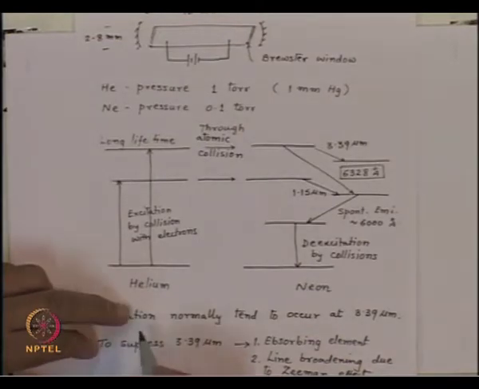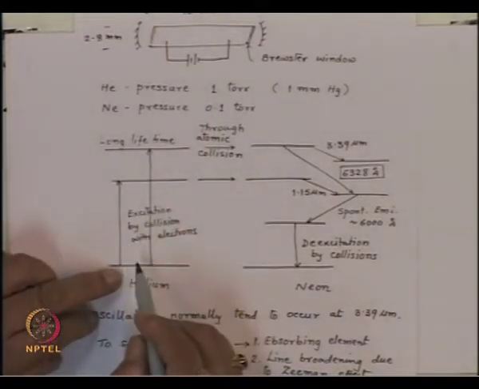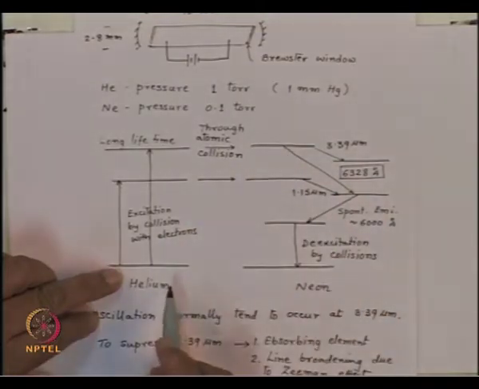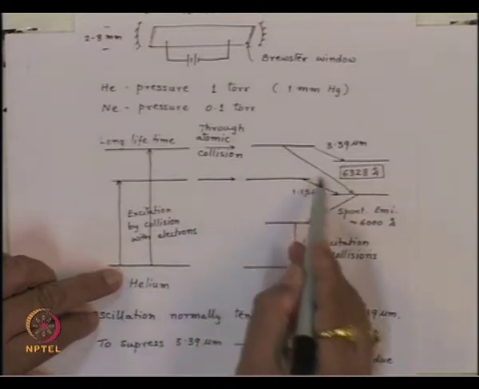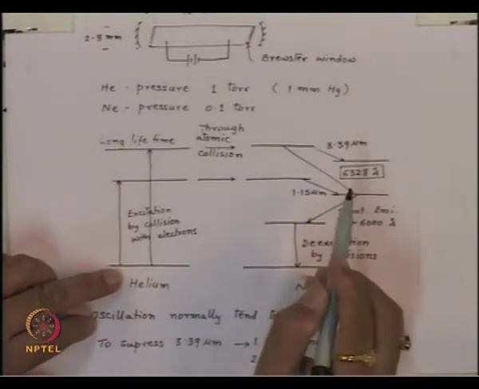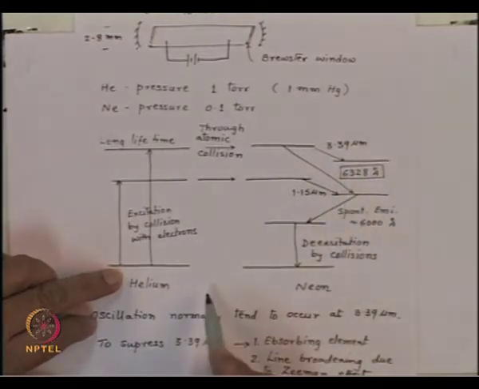So, now the process is as follows. We supply energy to this which is helium, then the neon atoms are excited in this level, which can either relax to this level or can relax to this level or can make a transition to this level. Now, since this difference is very small, this corresponds to a wavelength of 3.39 micrometer.